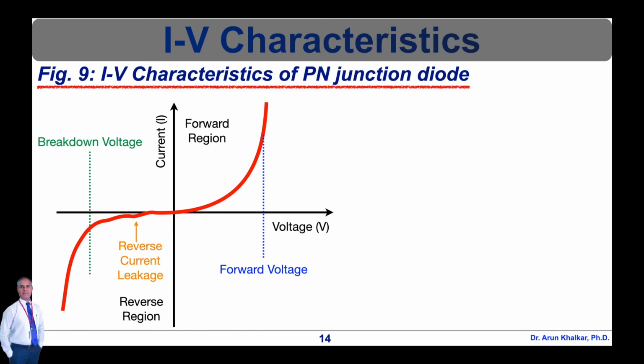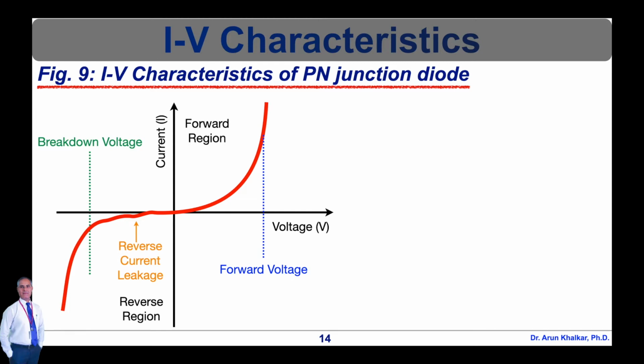This results in a concentration gradient between both sides of the terminals. Because of the formation of the concentration gradient, there will be a flow of charge carriers from higher concentration regions to lower concentration regions.